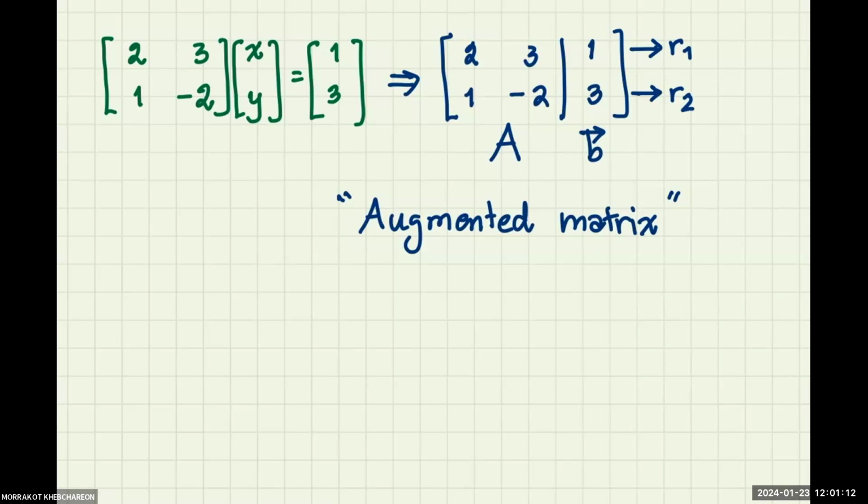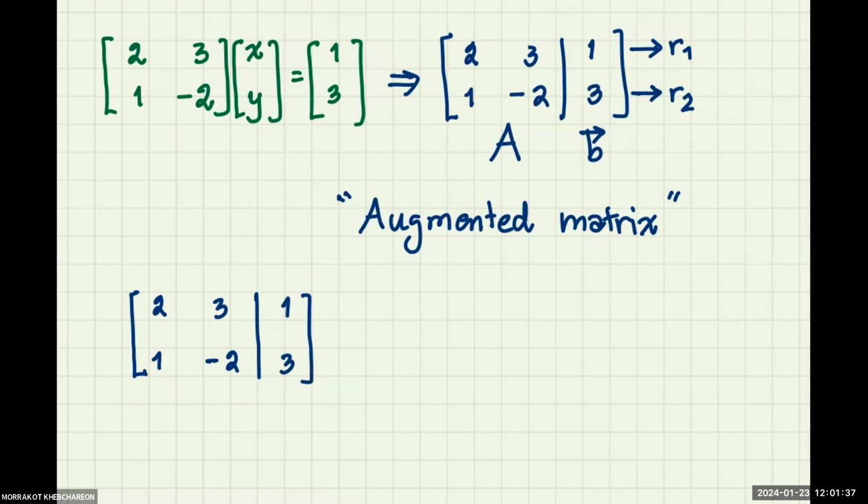And when I say I want to do some operator for this matrix, I want to say that, okay, this matrix is 2, 3, 1, 1, minus 2, and 3.